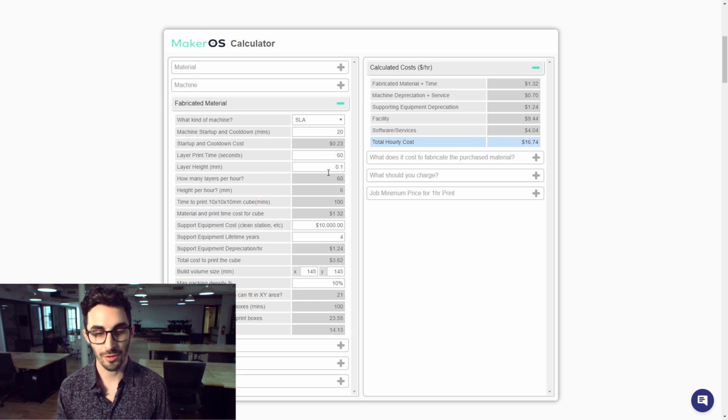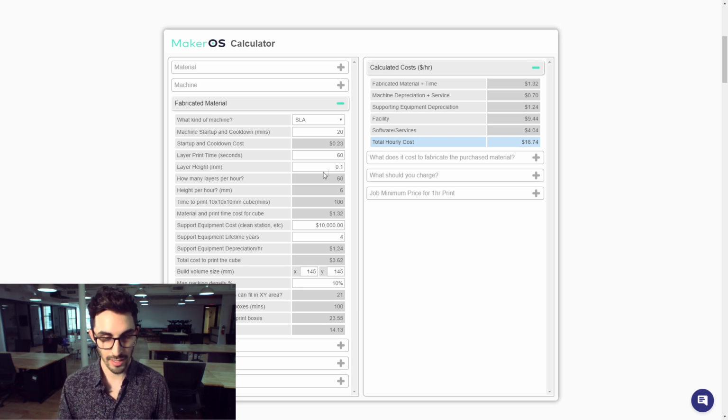We're also going to assume that we're printing at 0.1 millimeters for the layer height, which makes this a very simple calculation for this example. Layer print time of 60 seconds means 60 layers per hour, and times layer height 0.1 gives us a Z height per hour of 6 millimeters. So putting all that together, that all makes sense.